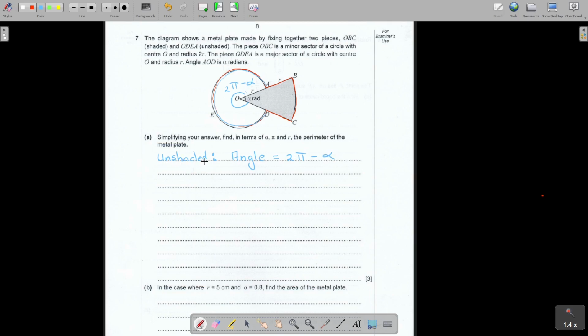I'm working in the unshaded, and I'm going to find the arc length. Don't forget the formula that I showed you. And remember, I'm at the major, the bigger part, the major sector.